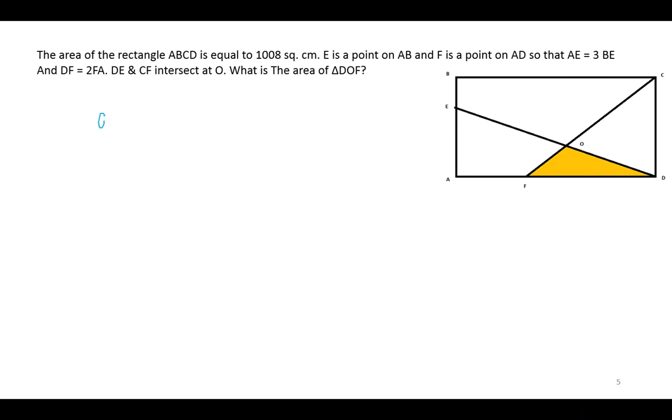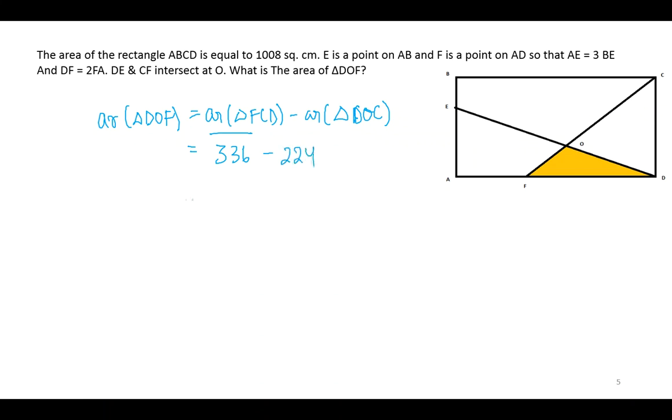Area of triangle DOF is equal to area of triangle FCD minus area of triangle DOC or COD, whichever you like to write. This we had found out in the very starting. This was 336, and this is what we found out recently. This is 224, which means the final answer that we are looking for comes out to be 112.